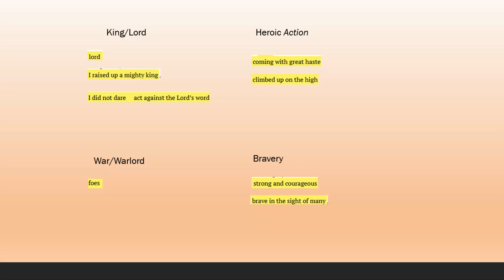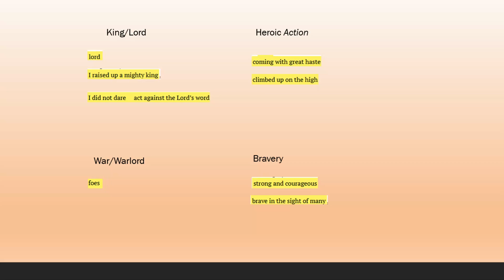By the way, notice the translator capitalizes Lord's Word, meaning that he interprets the word that was used in that instance to be a reference to God, but king is not, nor is Lord, so there's a possibility that the Anglo-Saxon words used there were meant to refer to someone like a secular king, an Anglo-Saxon king.